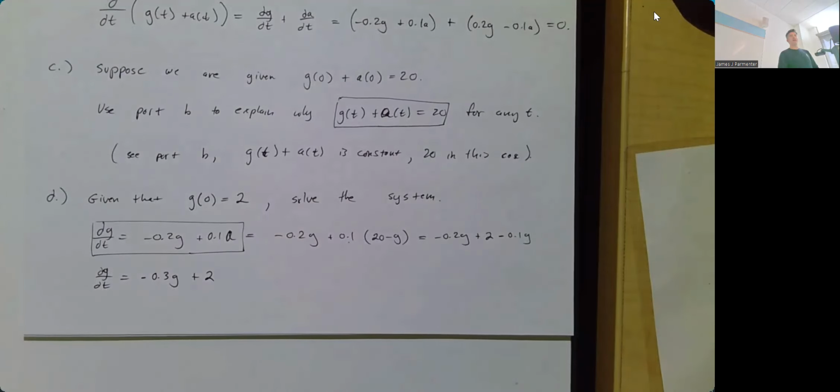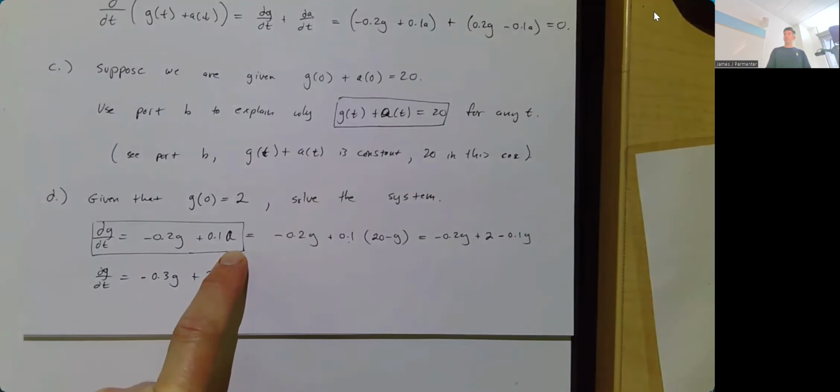Sure, a of 0 does equal 18. Yes, that is also true. But the thing is, this isn't a of 0, this is a of t.